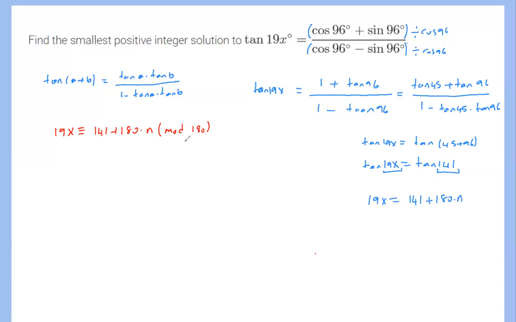So if I take mod 180, this 180 will be 0. That's the point of taking the mod 180, to cancel that variable. And on the left side we have 19x is congruent to 141, plus 0 times n, mod 180.